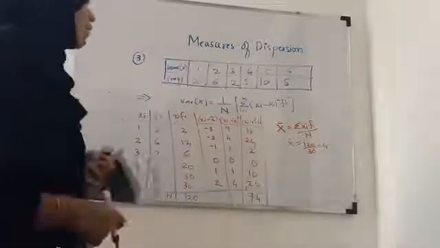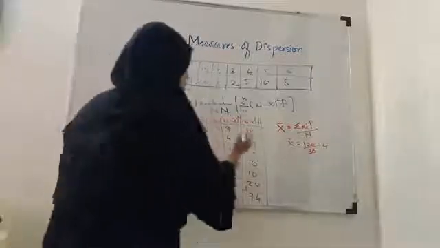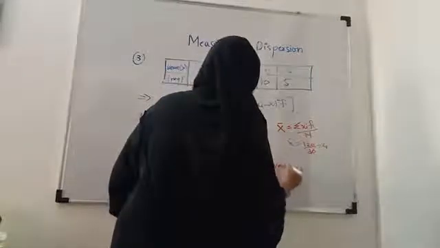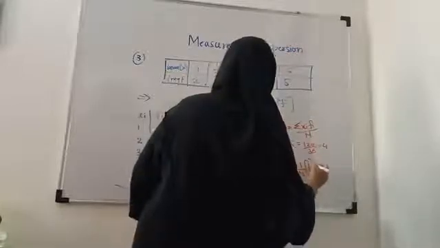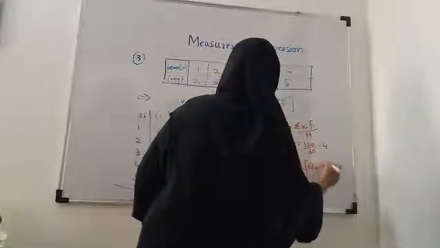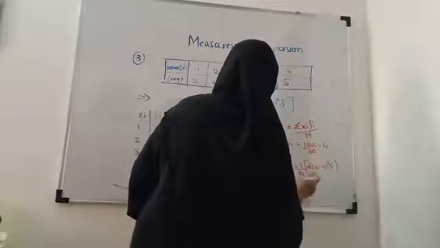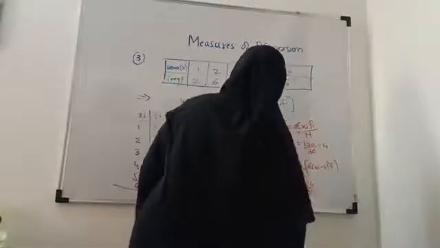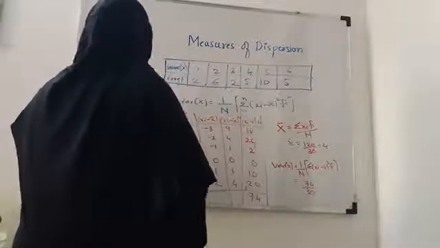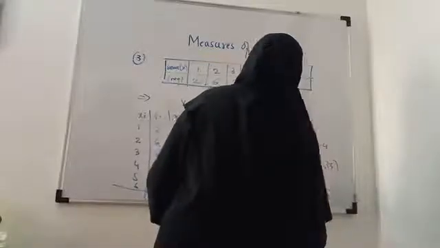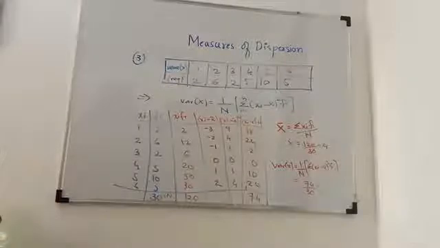Now we will use the formula. The variance of x is equal to 1 upon n summation of (xi minus x bar) the whole square into fi. So this term is 74 divided by 30. So 74 divided by 30, the answer is... just one minute, we'll do it on the calculator.